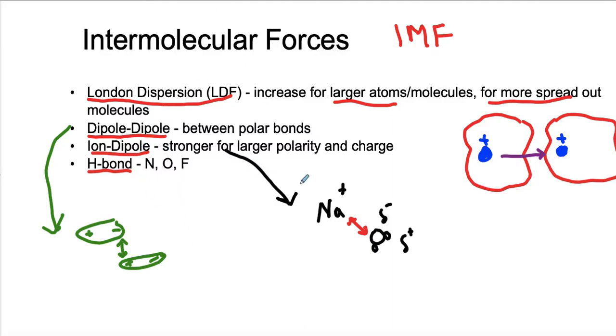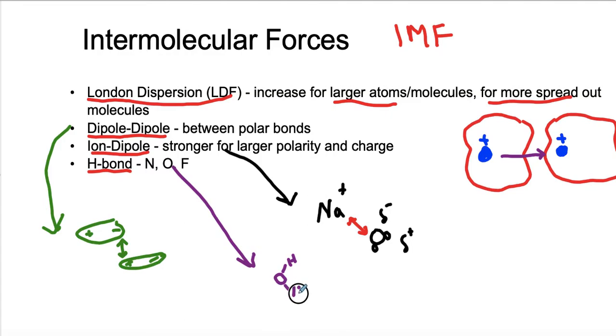And finally, water is also going to be an H bond. So finally, we have our H bonds, which is when you have H connected to N, O, or F. A very common one is water. We're going to use water here. We have our H's here.